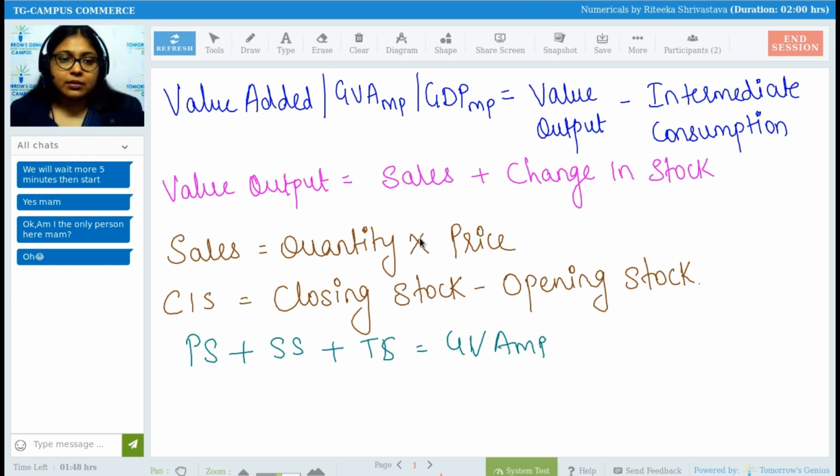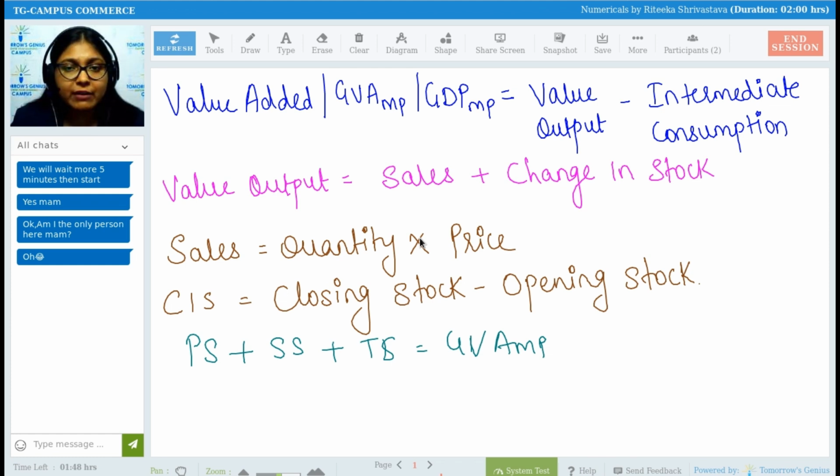When you get questions in your examination, there are possibilities that at times they will directly mention that you have to find the national income by using the value added method. But at times they will not directly tell you that.